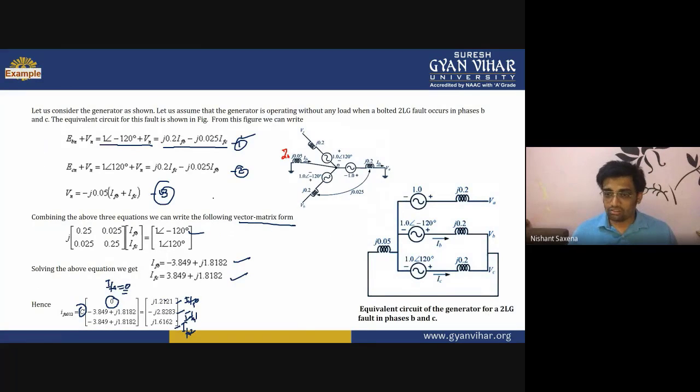When I solve these equations, I will get the equivalent circuit for the system, somewhat like this. This is your positive sequence circuit. Then we will have the negative sequence circuit, and we will have the zero sequence circuit, with Zn, Z2 and Z1, and this will be your 1 angle 0.